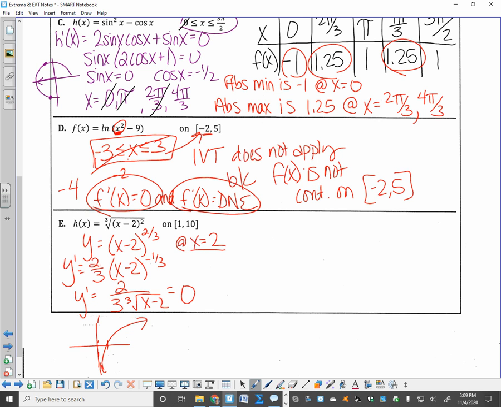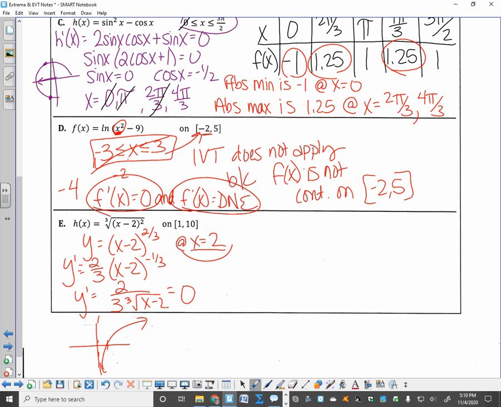Well, when that happens, everything that's in the denominator is going to go away. And when I multiply the other side times 0, the 0 is going to eat it all. And so all I have left is the 2. I have no x's, is my point, when I solve this sucker. So since I have no x's, I get no candidates. I get no potential critical values because there are no solutions here.